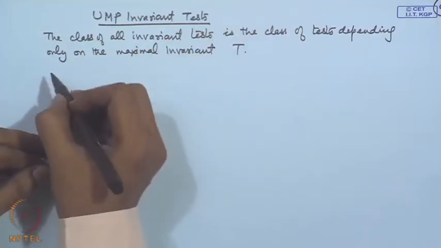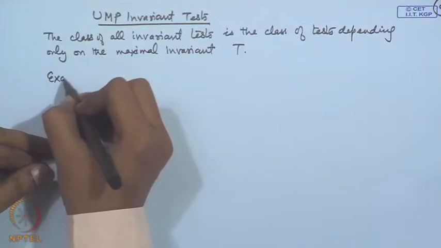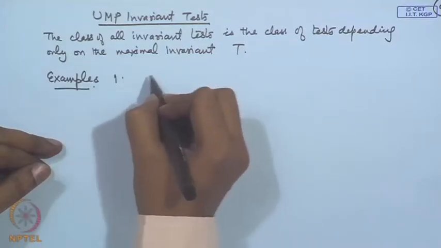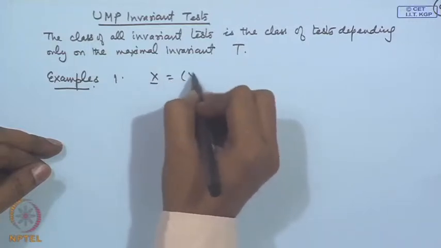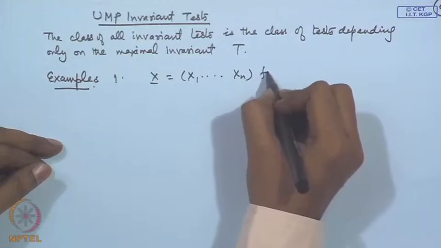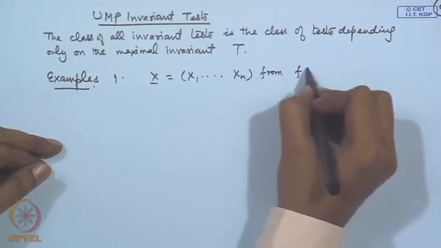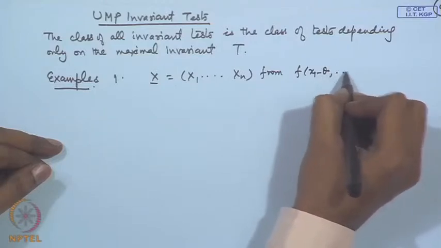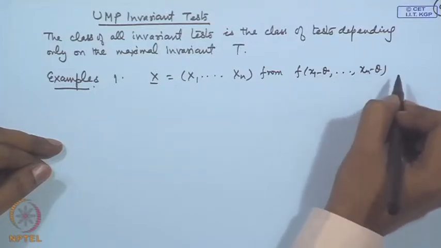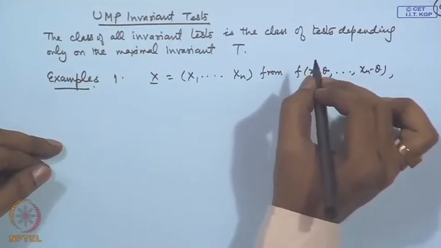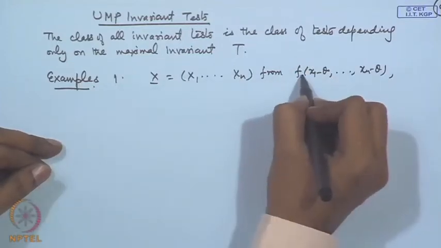So, let me give an example here of how to derive this. I am considering a random sample from a location family, f(x_1 - theta, ..., x_n - theta). It is a location parameter distribution, and let us consider the hypothesis.